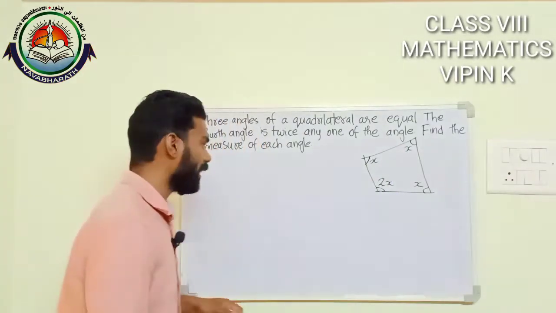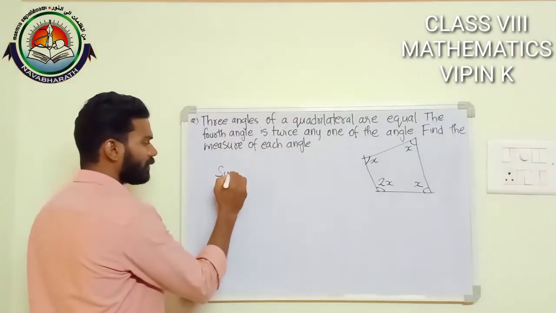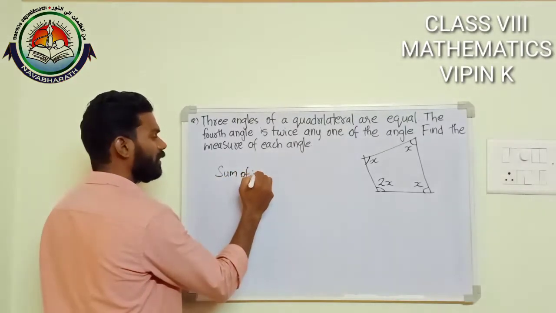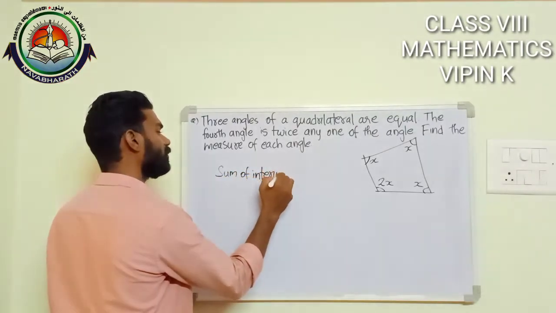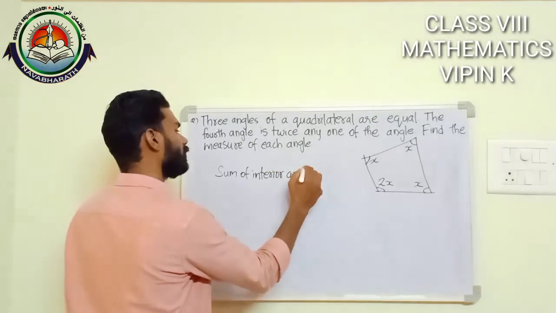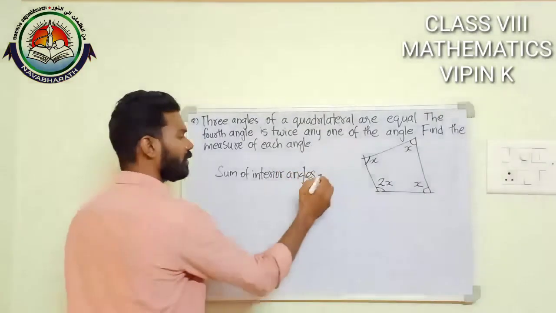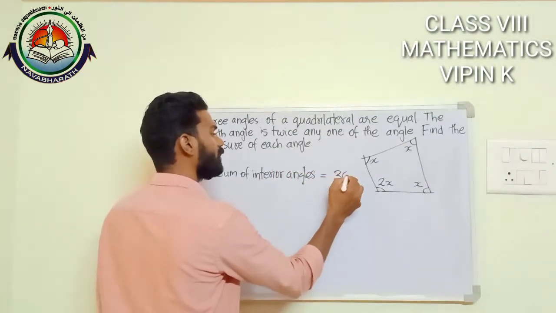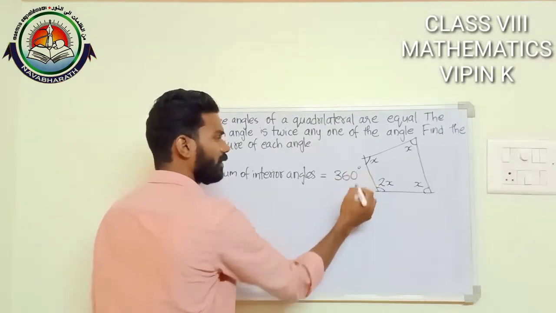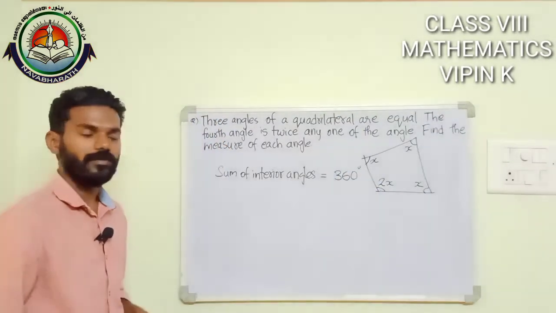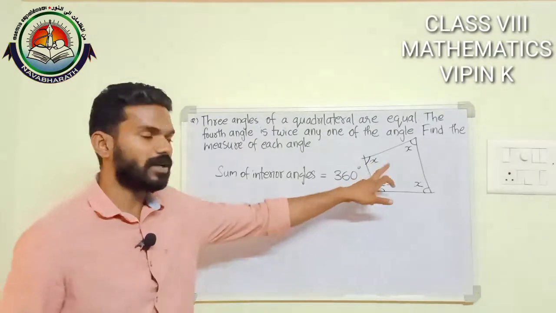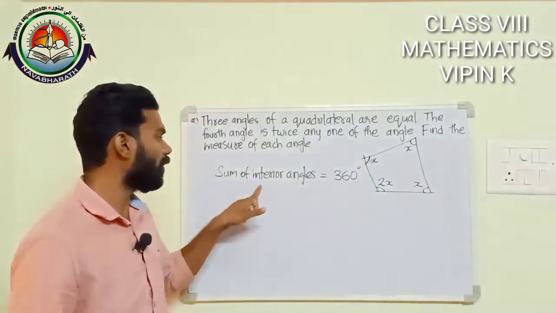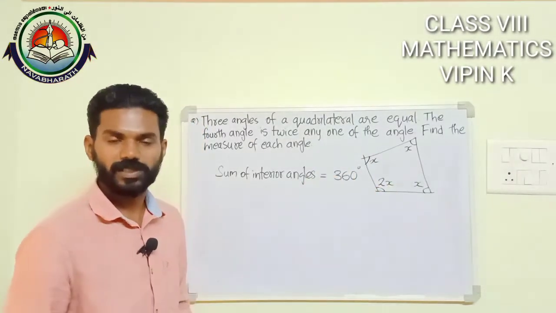Okay. So, here there is an idea for developing an equation related with x. And it is that we know sum of interior angles is equal to 360 degree. We have the idea that this is a quadrilateral and its sum of interior angles is 360 degree.